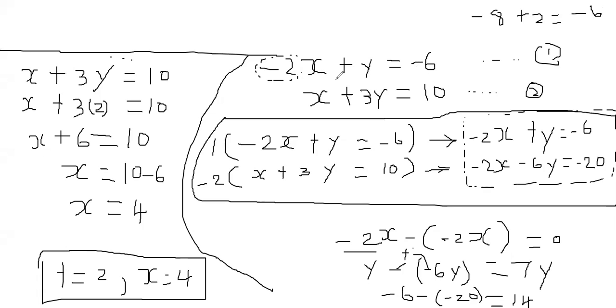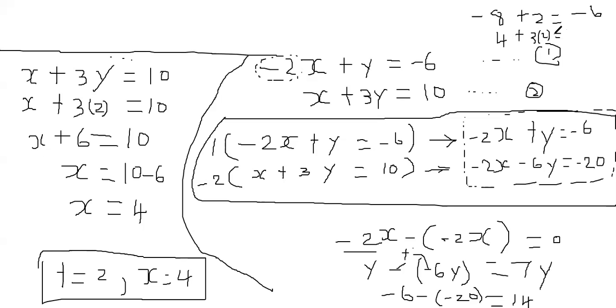All right, let me check the next one. We know x is equal to 4, and y is equal to 2, right? So we get 3 times 2. Will this give us 10?